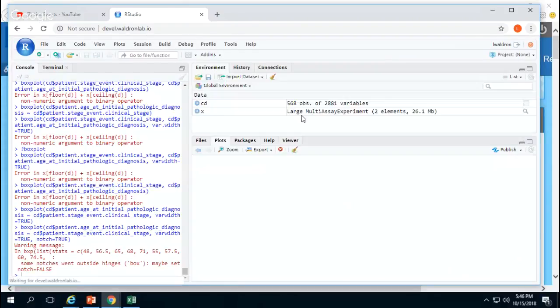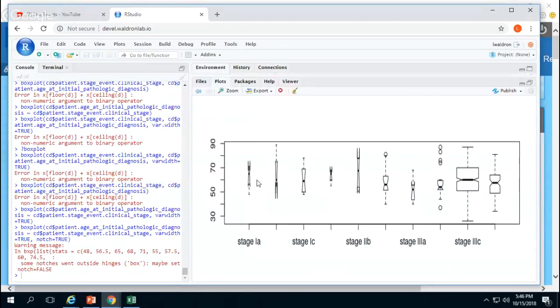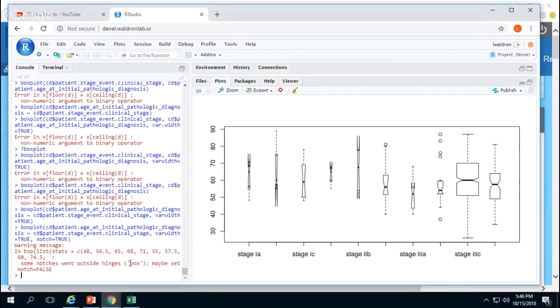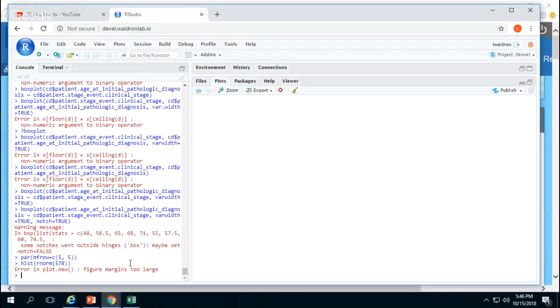This is a little slow. Wow, okay, this is too slow, I won't do it. There are simulators too that will show you histograms from a normal distribution. Here we go. 578.